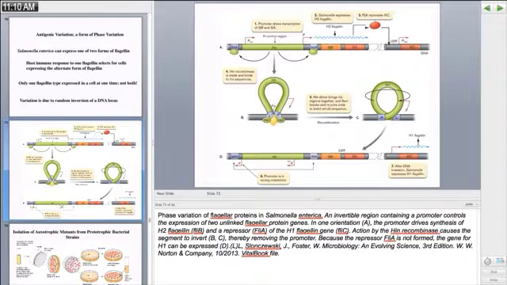Now, by random chance, at some frequency within the population of that bacterium, there's an event that occurs which is really pretty cool. A segment of the DNA, called appropriately enough an invertible element, actually does exactly what that name suggests. It inverts.